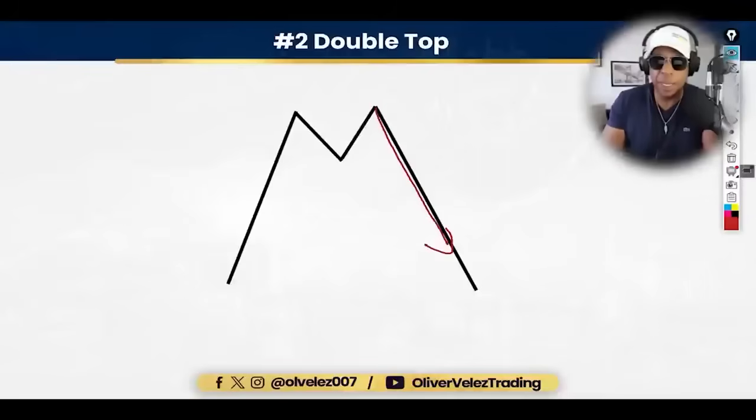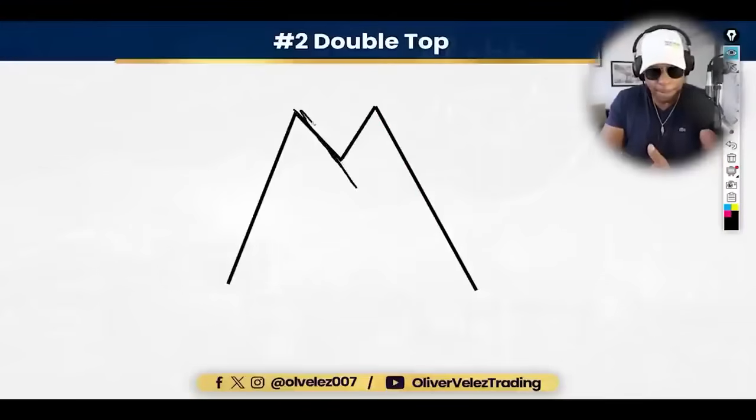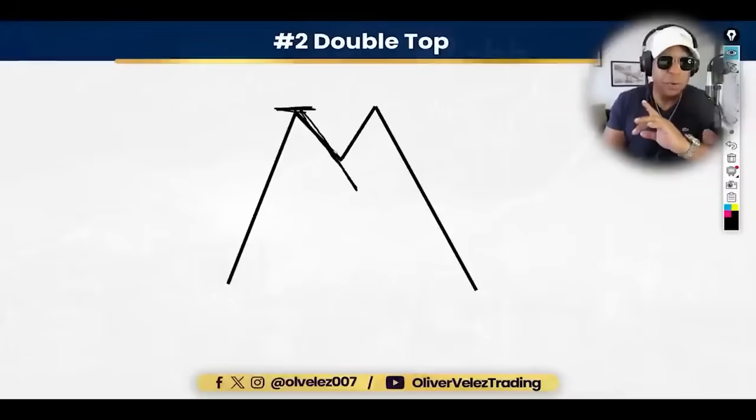Basically what a double top is made up of is simple. It's an initial drop that really starts some degree of concern. This is important. This drop is usually deep enough to cause some concern.